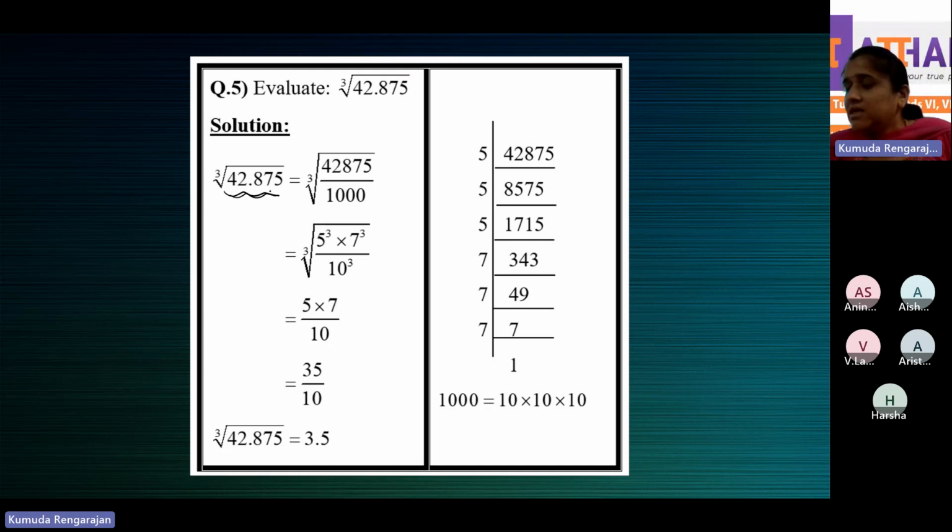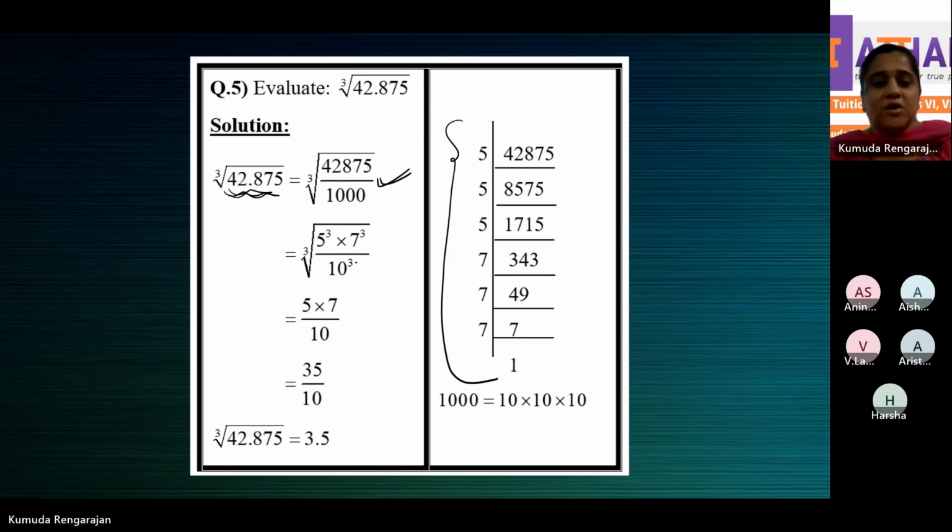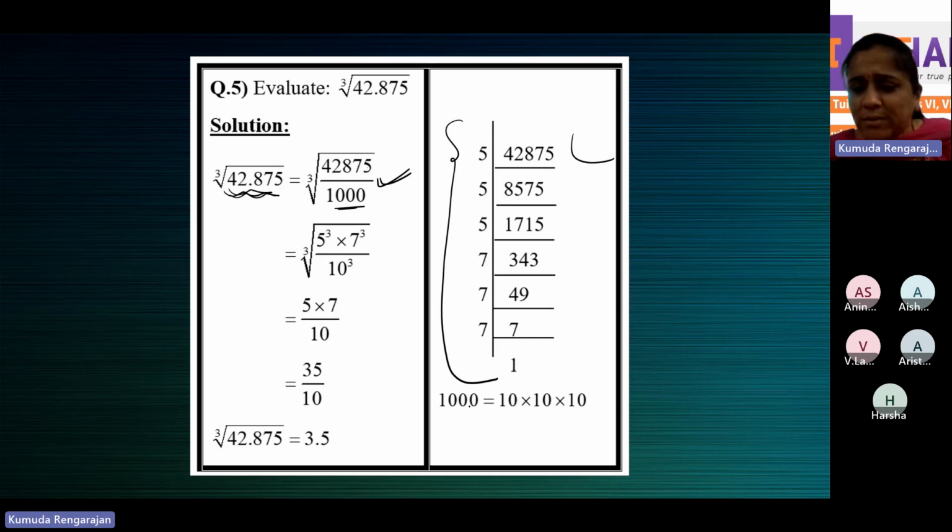That's the first step. Convert the given number to a fraction. So you get this, correct? Now take up the numerator, perform this procedure. Denominator, you know, is 10 into 10 into 10, correct? Or you can also use prime factors, in terms of 2 and 5 you can write. But this is also fine for the denominator.